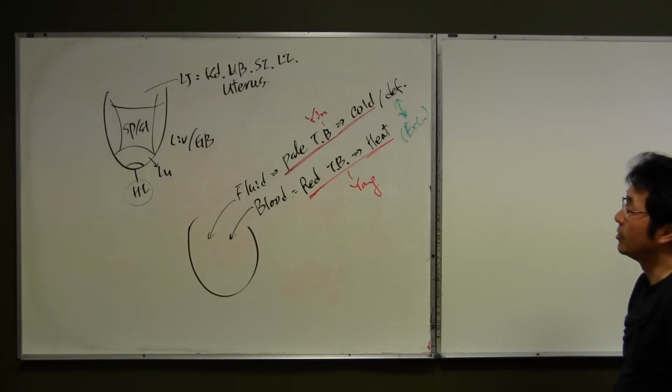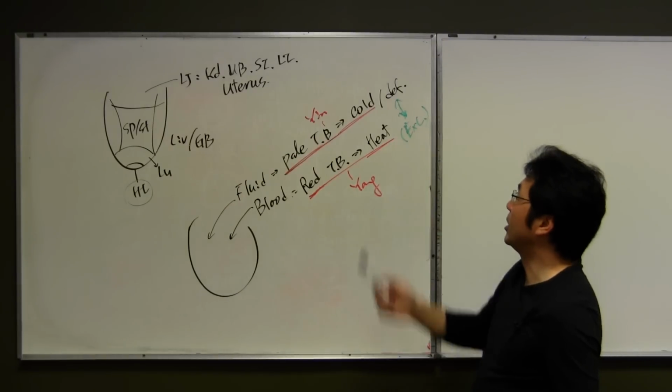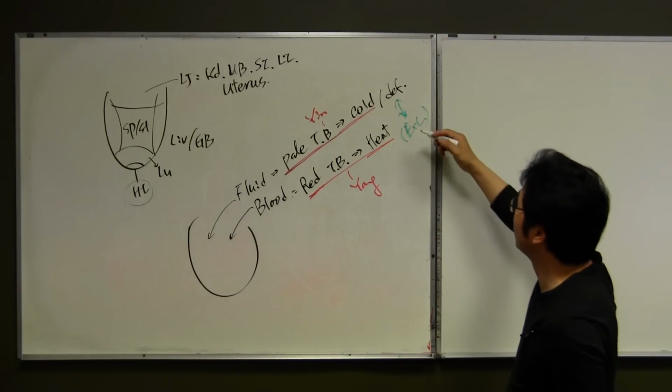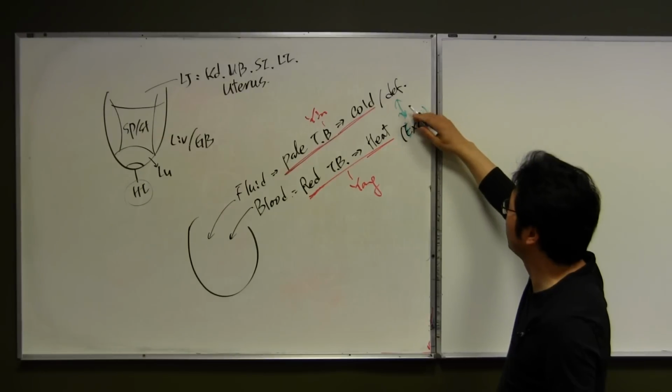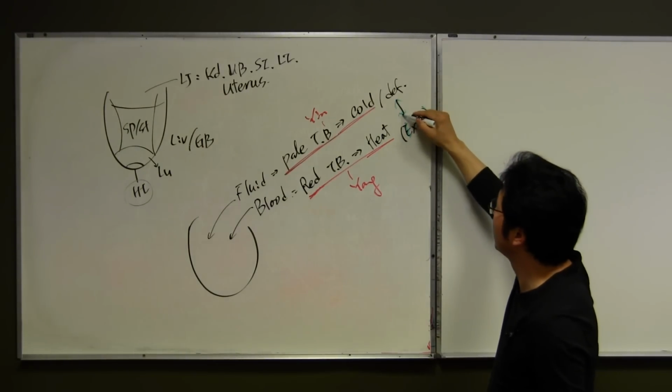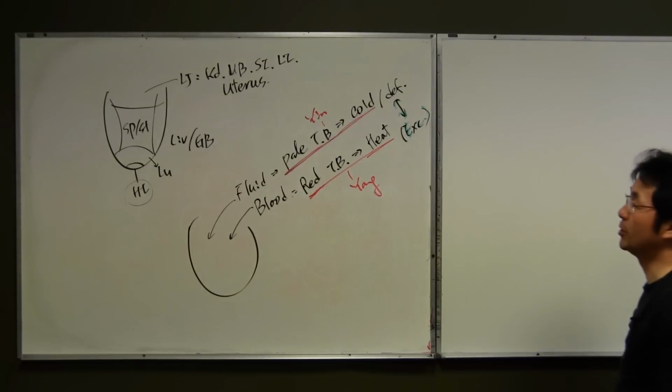So anyway, a red tongue with scanty coat will be deficiency. That's why most books or textbooks only use heat, but I do like to put excess because it is exactly matching or opposite.